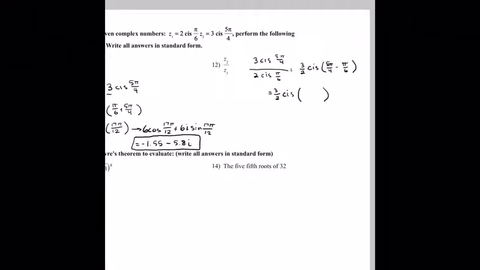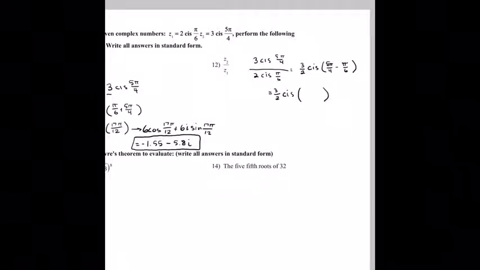So 5 pi fourths, that was 17 pi 12ths, and then pi 6 is 2 pi 12ths, so 15 pi 12ths minus 2 pi 12ths is 13 pi 12ths. But again, that's the trigonometric form of this.